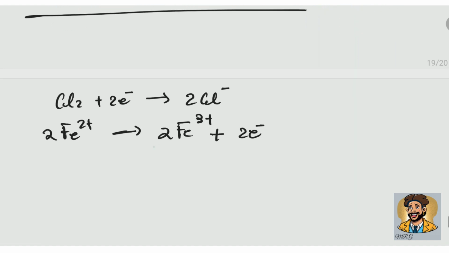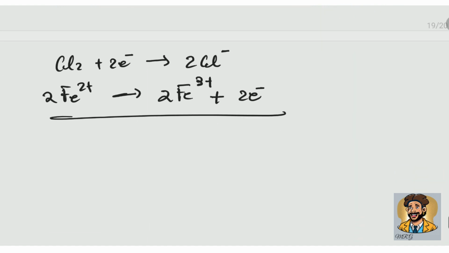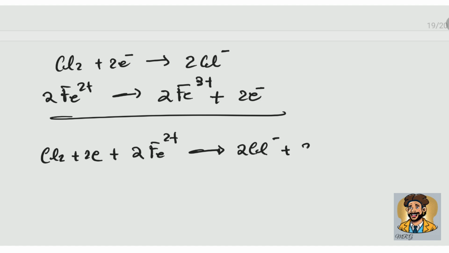All you're going to do, like in mathematics, is add the 2 equations, guys. So you have Cl2 plus 2 electrons plus 2 Fe2+ on the left, then the arrow. This arrow is kind of equivalent to an equal sign, but remember they are not the same thing. Then 2Cl minus plus 2 Fe3+ plus 2 electrons.